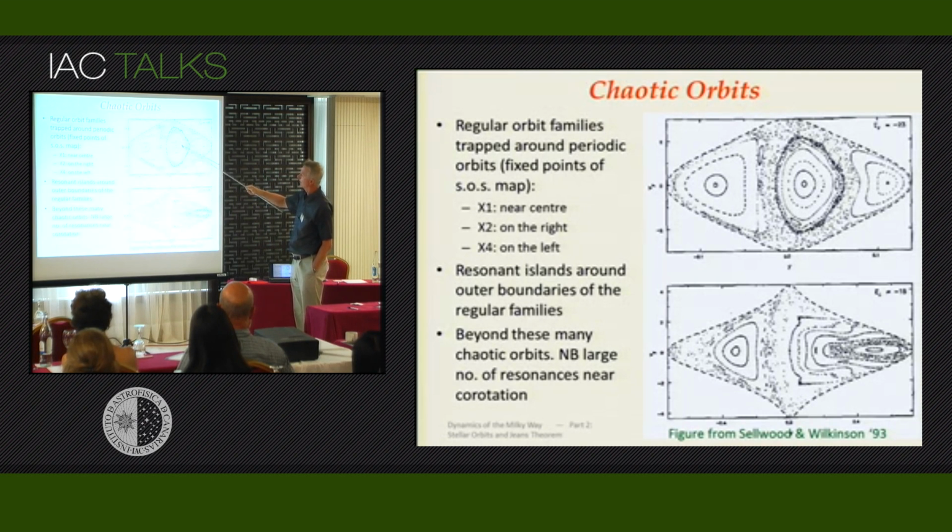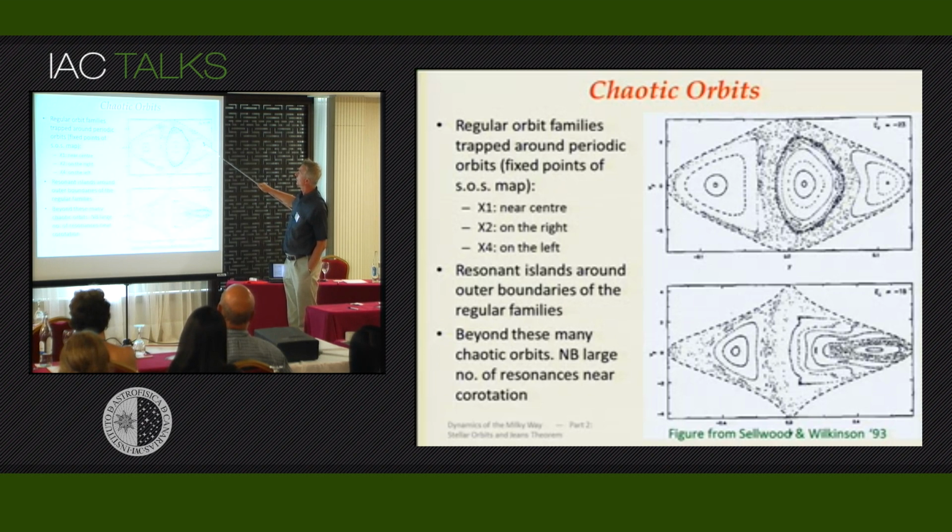Here is the y-axis coordinate versus the velocity along y. Here is the main X1 family. This is the orbits that go along the long axis of the bar, and then the periodic orbit at this energy, at this value of the Jacobi integral, H_J, would be at this point here.